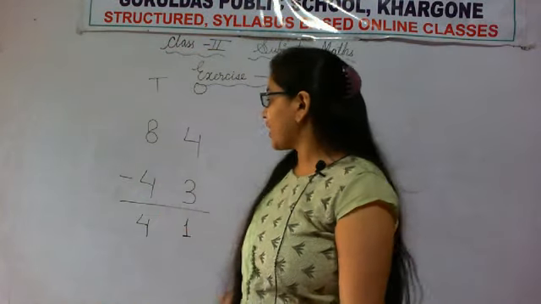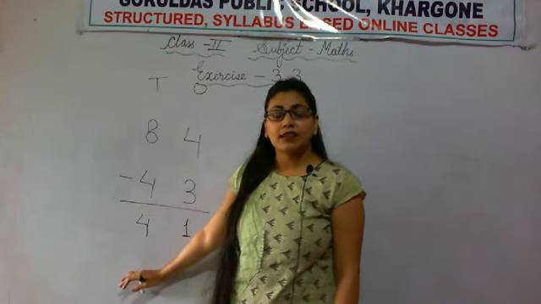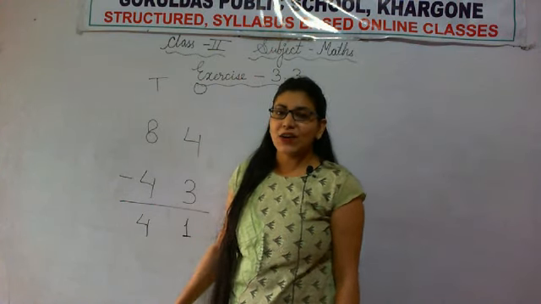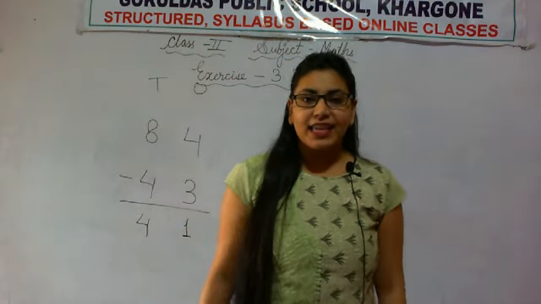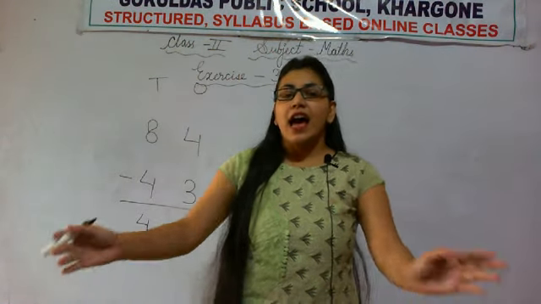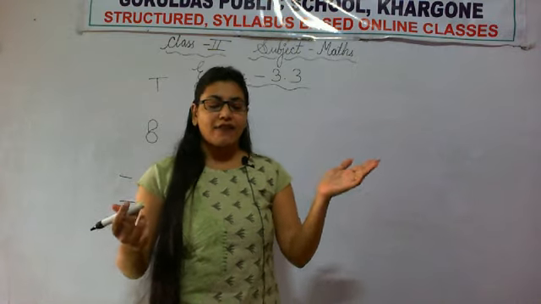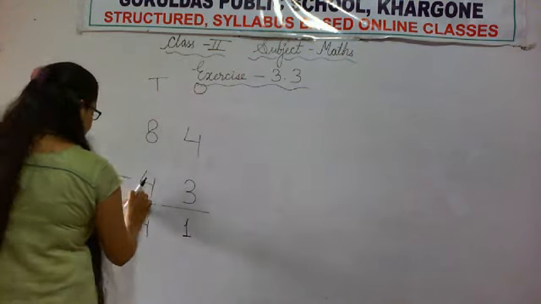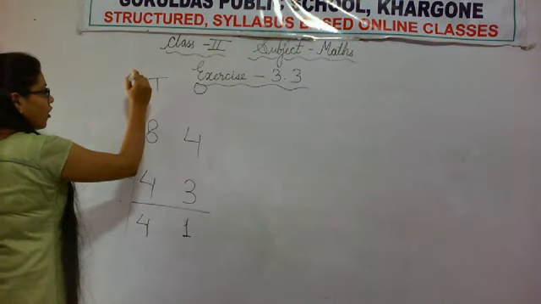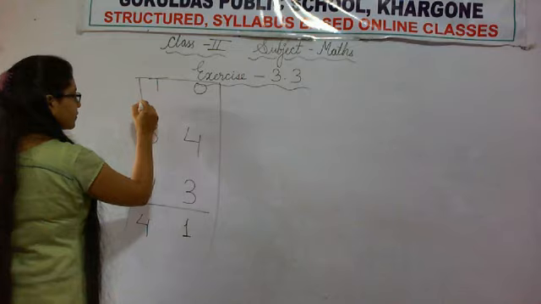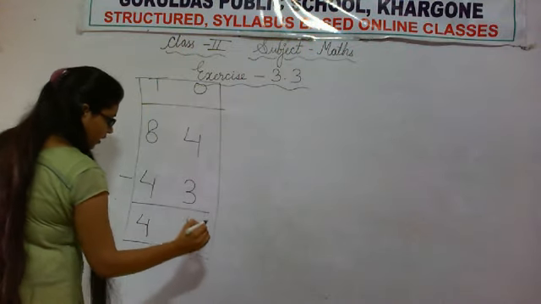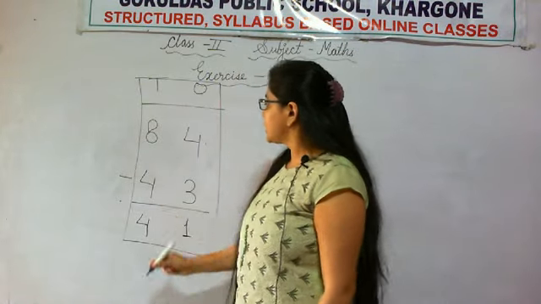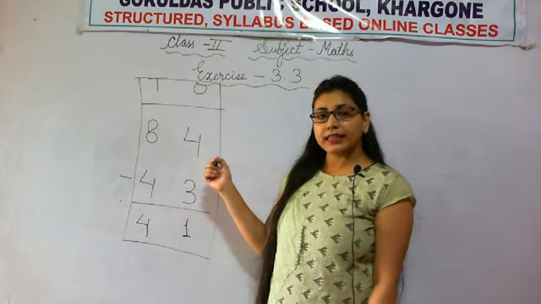Now we did the subtraction, but we don't know whether our answer is correct or not. Don't worry, there is a method by which we can check. First of all, let me make a table for you. What do we call the first, bigger term?